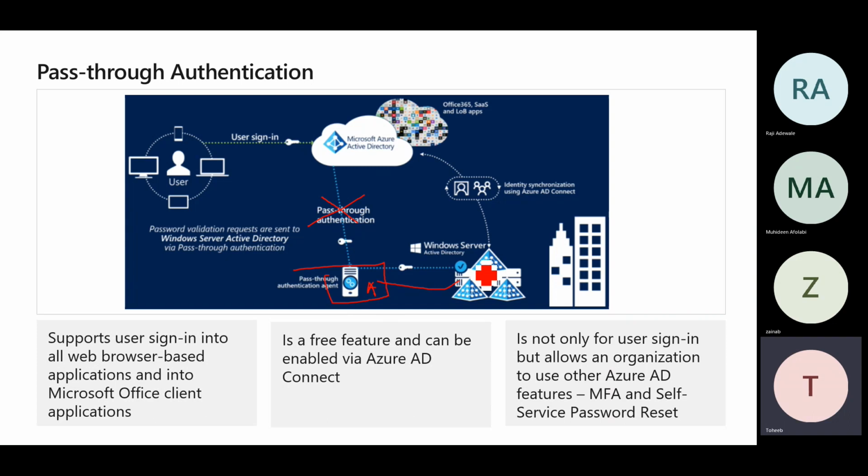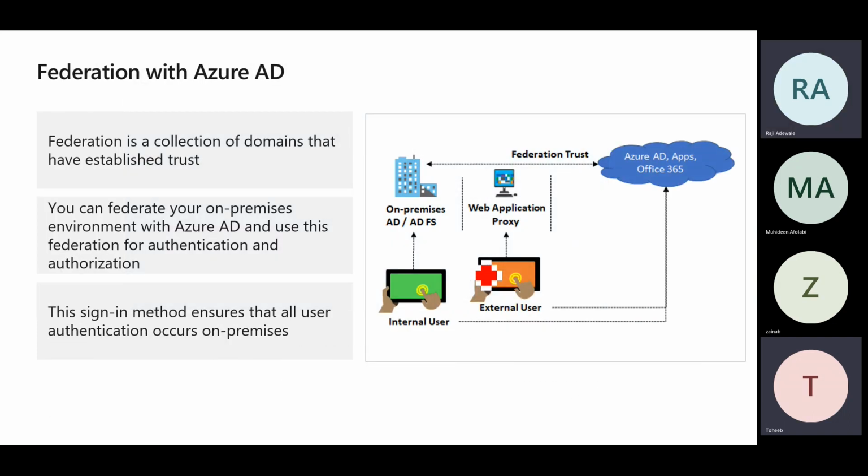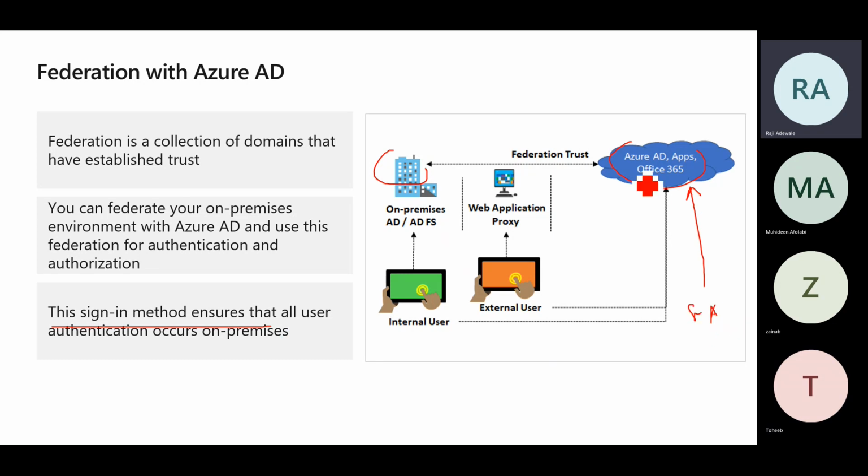And for the federation, like I said, you must have a trust established between both identity systems, that is your on-premise and your cloud. They would have shared metadata to establish that particular trust. So the way the sign-in works is that if I go from my on-premise to my cloud with, say, username A and a password, this guy would contact the domain controller to say, I have a user.